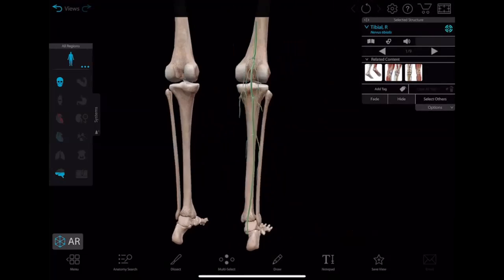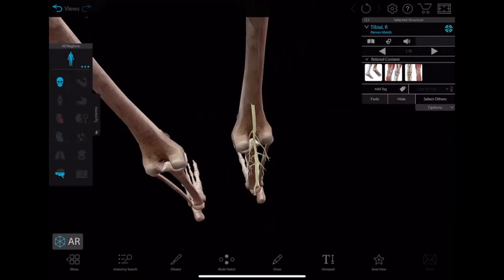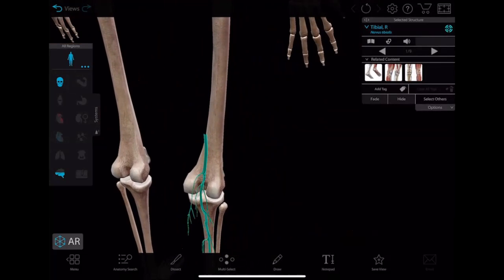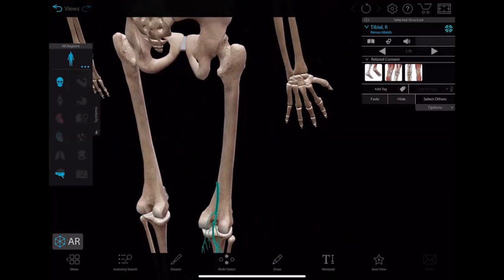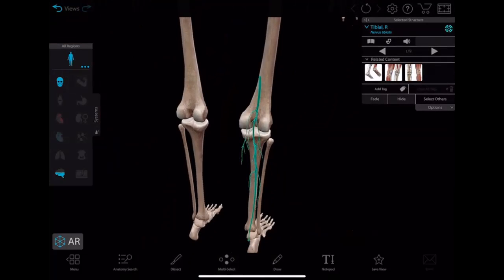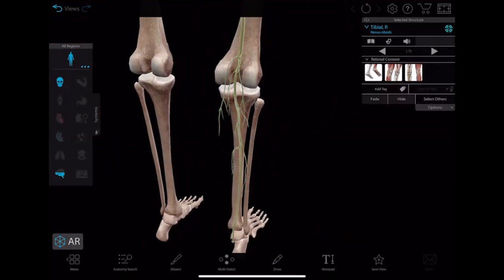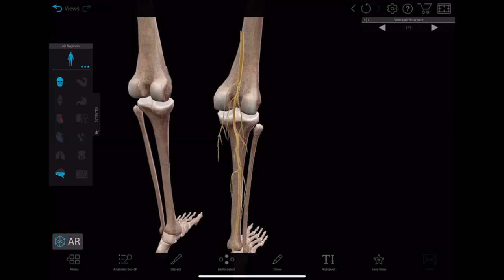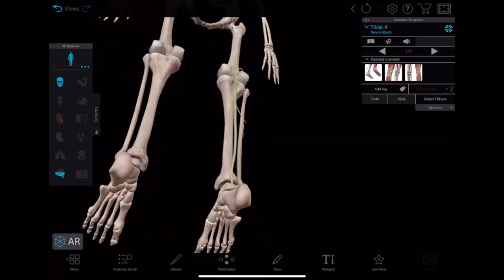That is the place at the junction of the lower one third and the upper two thirds of the thigh where the sciatic nerve divides into tibial and common peroneal components, right? So the tibial component is this, the selected structure. This is the tibial nerve, right? Like that.